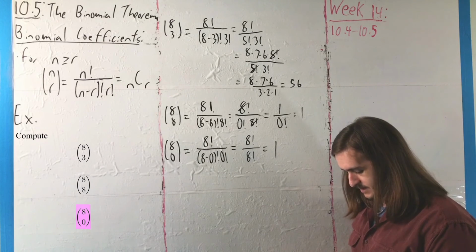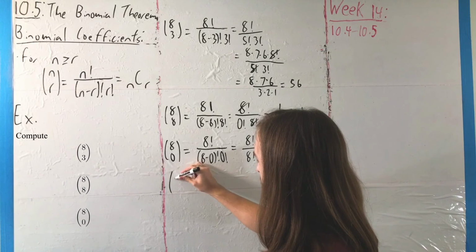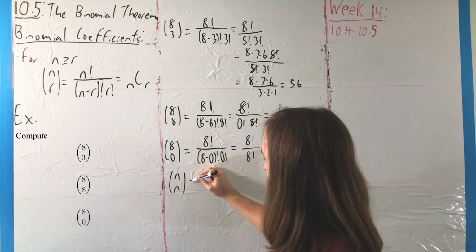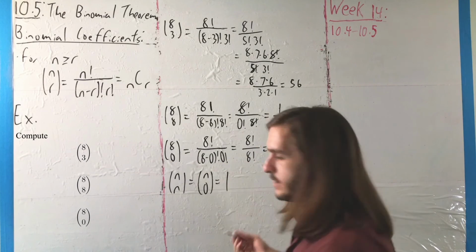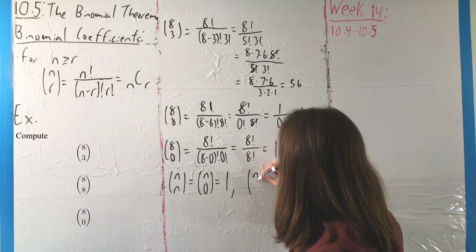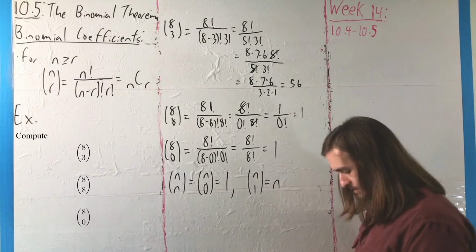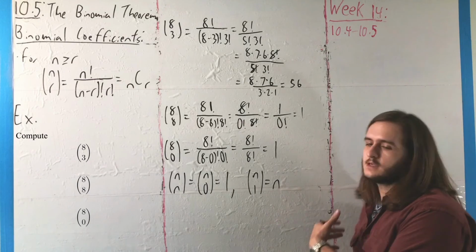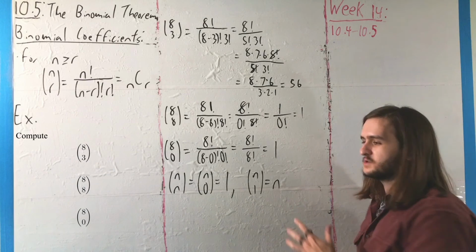And in fact, there are a couple of nice patterns here that for any number n choose n is equal to n choose 0 is equal to 1, which should make sense, while n choose 1 is equal to n. And I'll leave you to check this. I'm probably going to make it an extra credit question actually for you to argue in terms of counting why this happens.